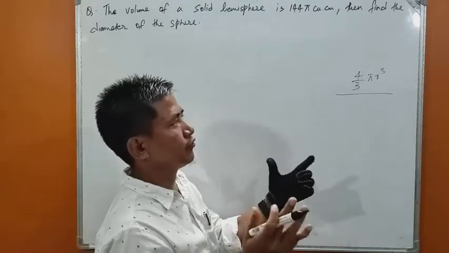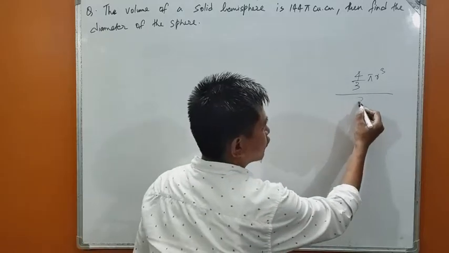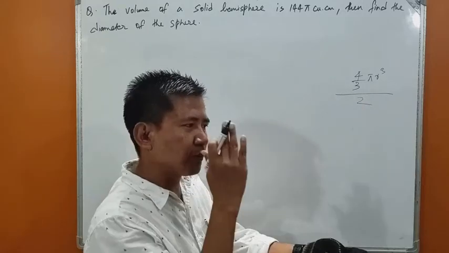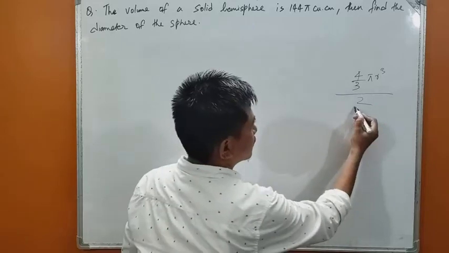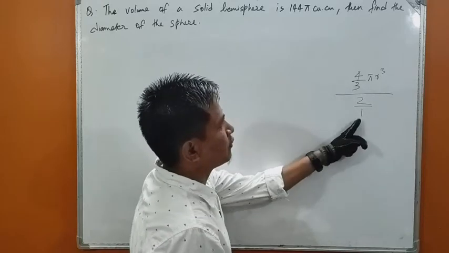So what will be the volume of the half ball? Divided by 2, isn't it? We are dividing the ball into 2 parts, so there is 1 in the numerator and 2 in the denominator.